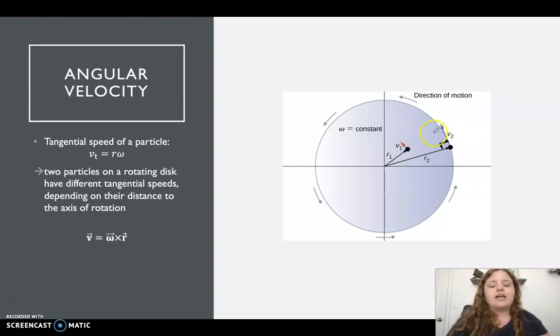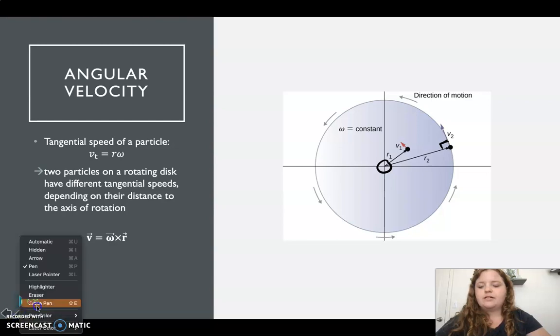So this particle on the outside, they're having to travel more, right? The distance is larger because they're at a greater radius from the center of rotation, okay? Or the axis of rotation, okay? Hopefully that makes sense. Okay, let me erase that real quick.